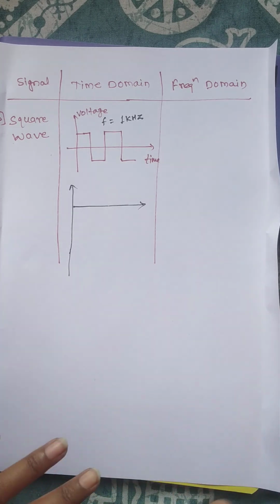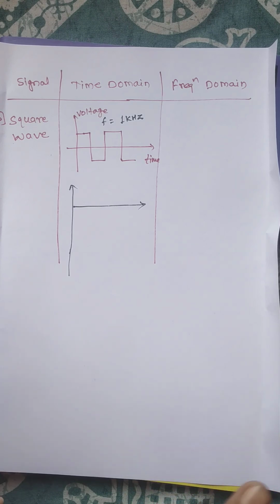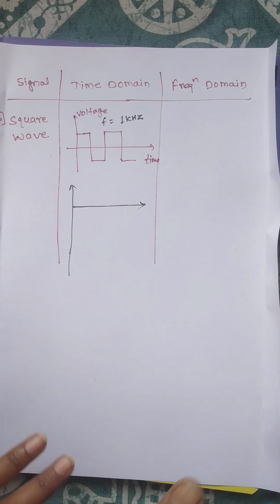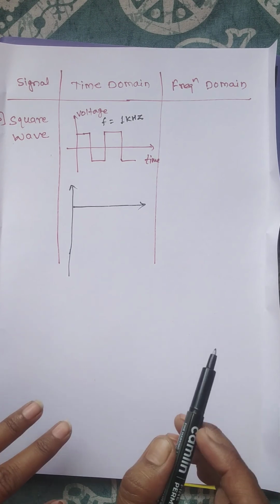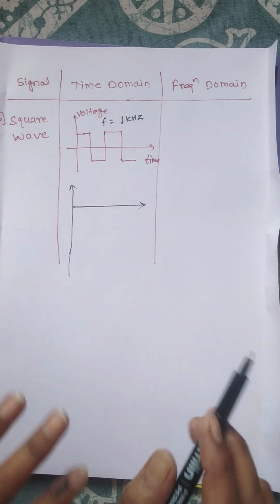So all other signals, square wave, triangular wave, ramp wave, whatever signals are available in the world, are combinations of sine waves and their other components. So let me first explain how a square wave is made up.